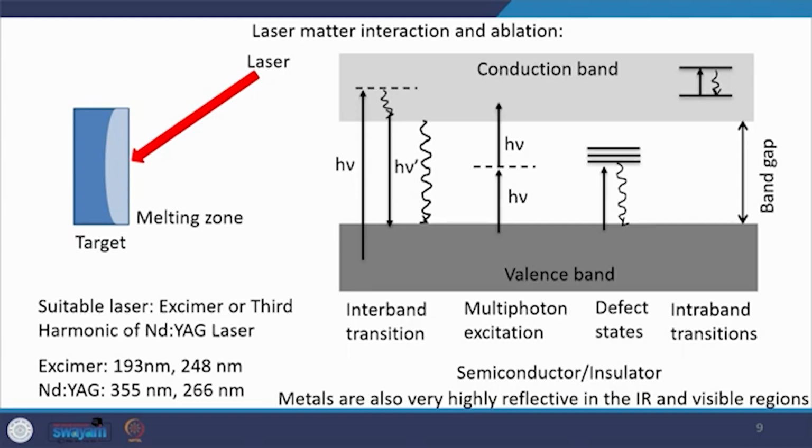Now, if we use a wavelength of say 1064 nanometer, it is around 1 point some electron volt, which is much lower than the band gap. Then we require two photon, three photon or multiphoton excitation. In that case you need two photons to excite an electron from the valence band to the conduction band.